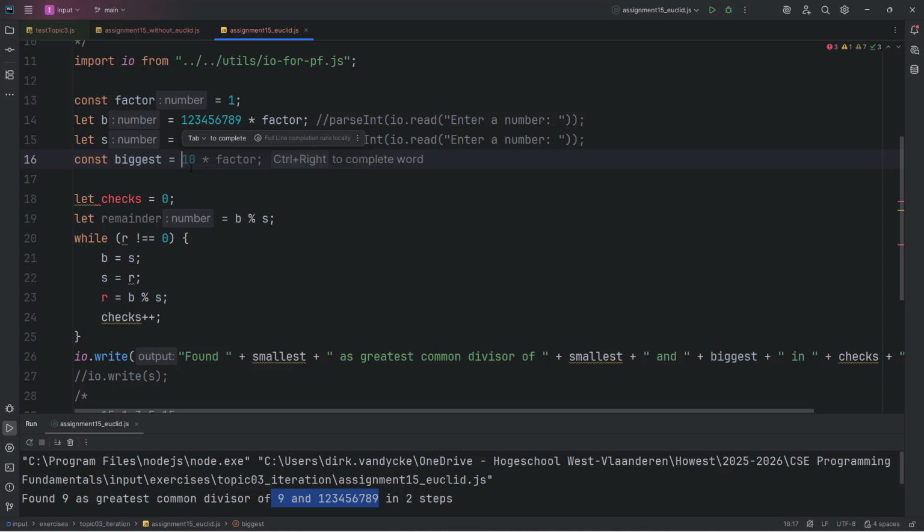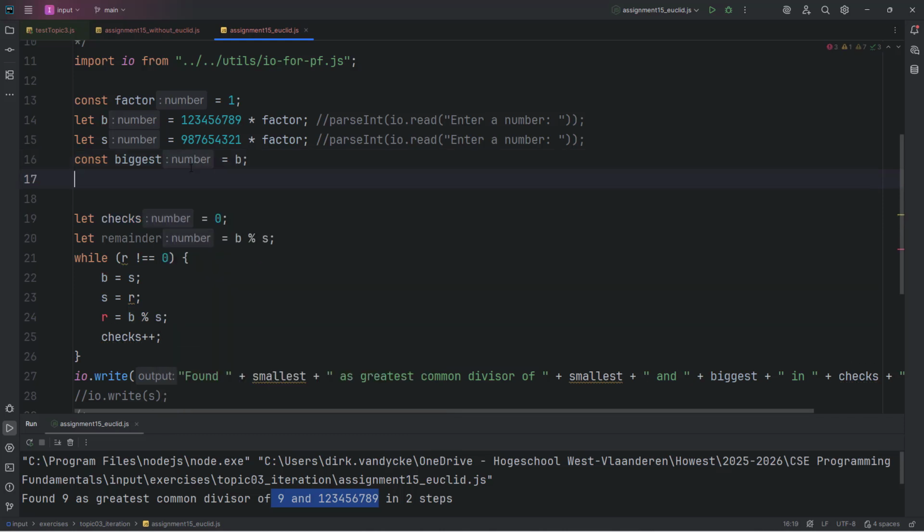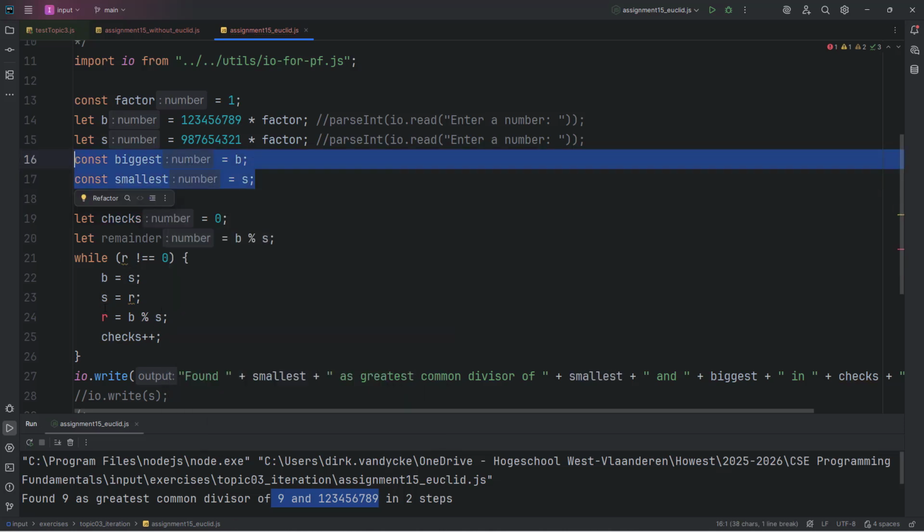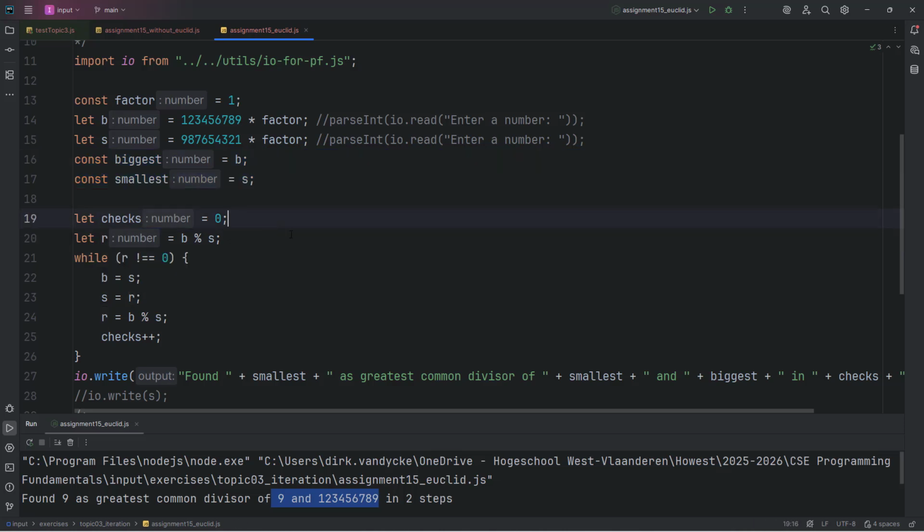You could have the little if here that switches biggest and smallest, but it's not necessary as we have seen in the previous video of this exercise. So biggest being B and smallest being S. So I save copy them and then I can change them. Okay, but that's not a real issue then anymore, and I should have the right message now.